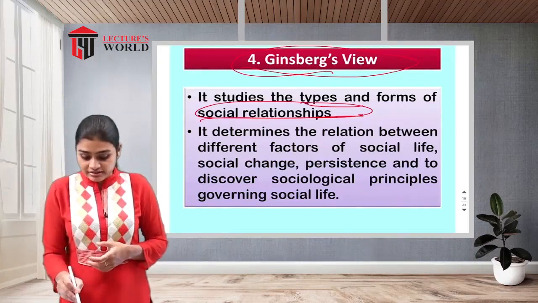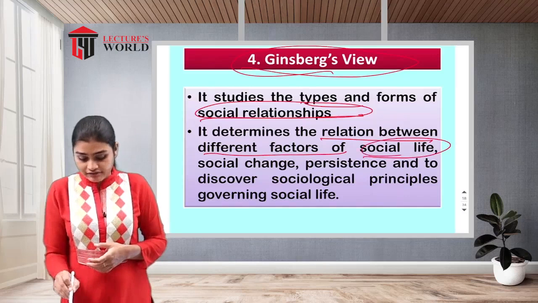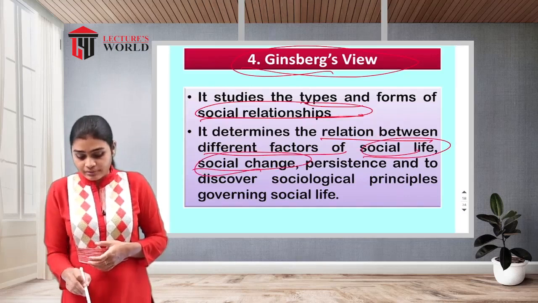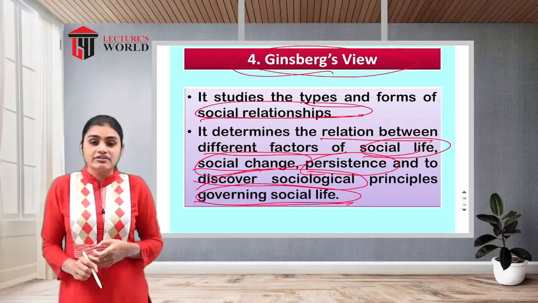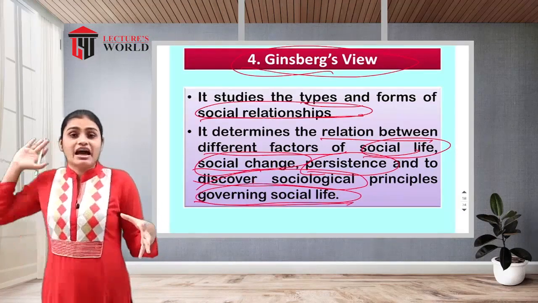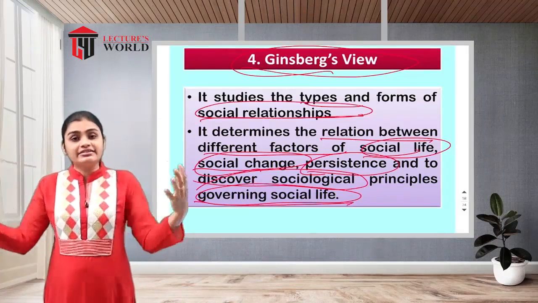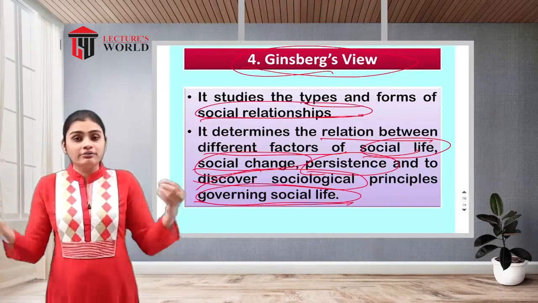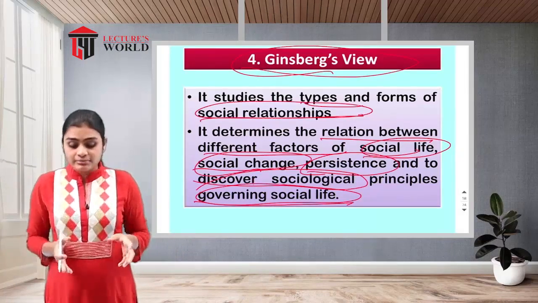It determines the relationship between different factors of social life, social change, and persistence, and discovers sociological principles governing social life. That means everything happening outside of human beings' life in the surrounding environment, and how all these things are affecting them. So that is Ginsberg's view.